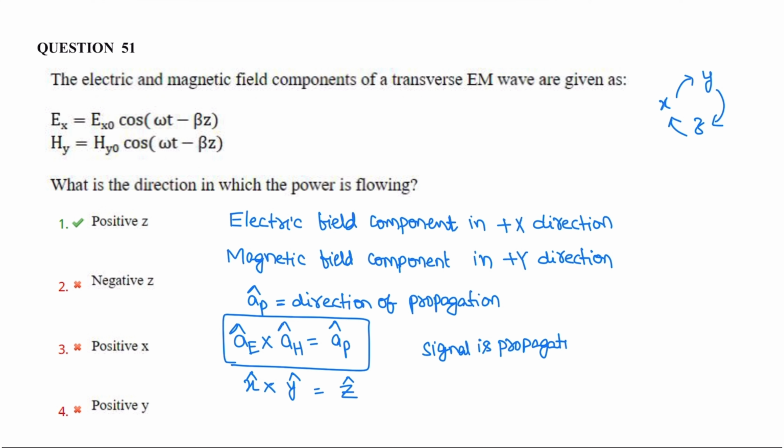If the signal is propagating in Z direction, the direction of power flow is also the same. So the direction of power flow is the same as the direction of signal propagation, that is the positive Z direction.